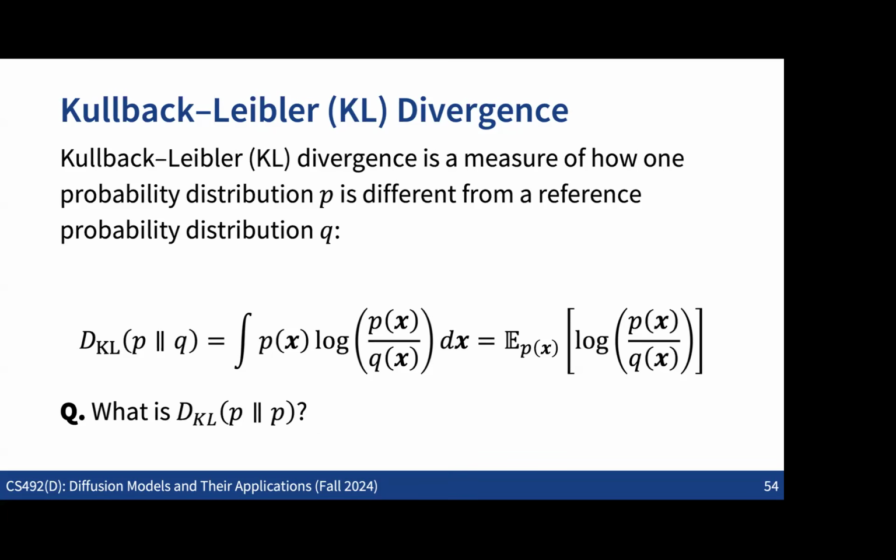And one more question: is the KL divergence the same when taking the distributions the other way around? So when we measure the KL divergence from P to Q and the KL divergence from Q to P, is it the same or not?